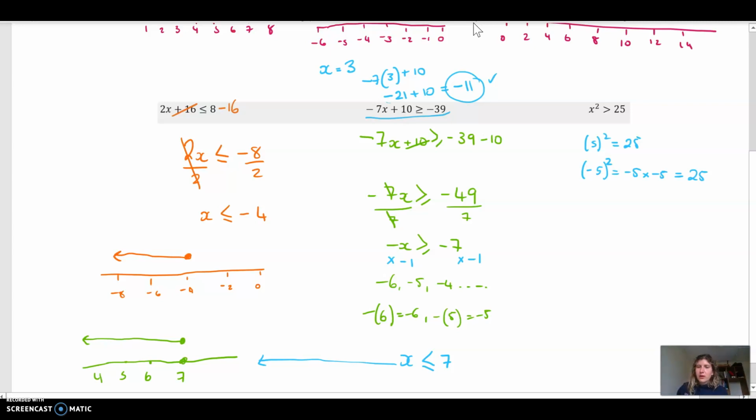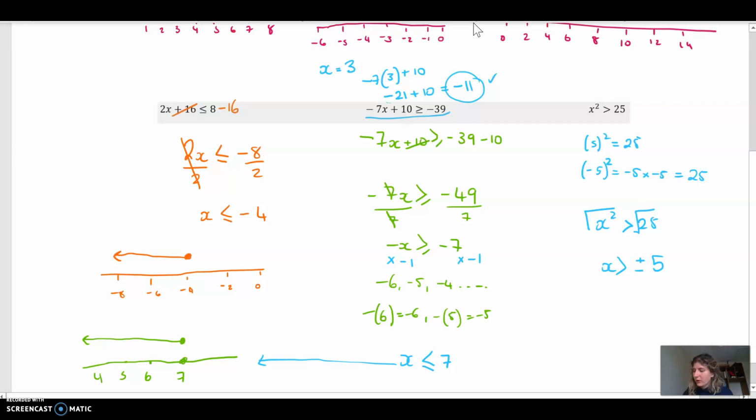So whenever you're solving an equation with a square, when we take the square root of both sides, we always have plus or minus whatever that answer is, because the answer could be +5 or it could also be -5. So we end up with x equals plus or minus 5.